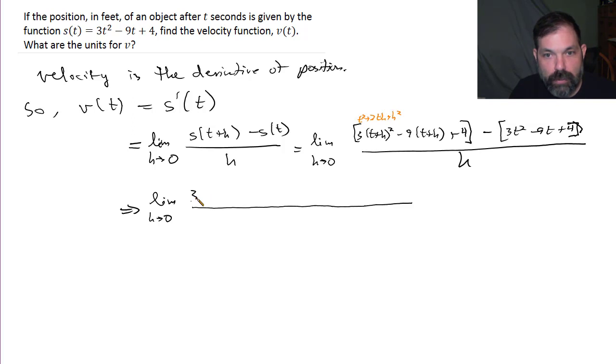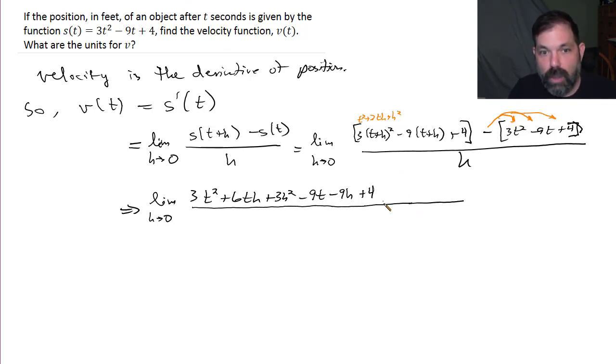Distributing, 3t squared plus 6th plus 3h squared minus 9t minus 9h plus 4. Be careful distributing this negative through: minus 3t squared plus 9t minus 4, over h.